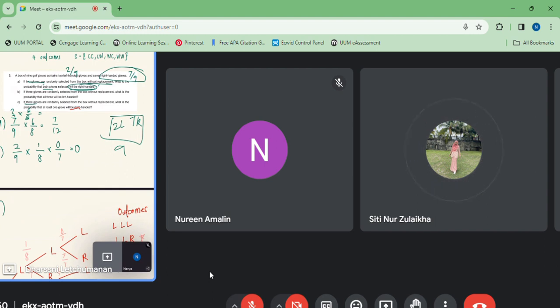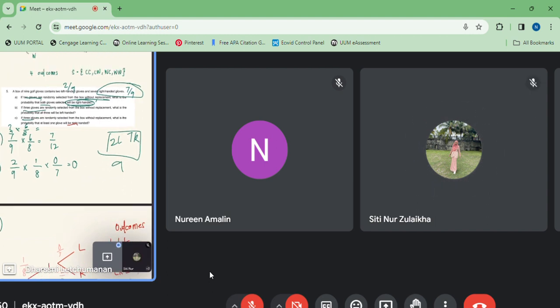Yes. Okay, next one, they said 3 gloves selected without replacement and all 3 are left-handed. You see, here we only have 2 left-handed gloves. So they say 3. What's the probability of that event occurring?